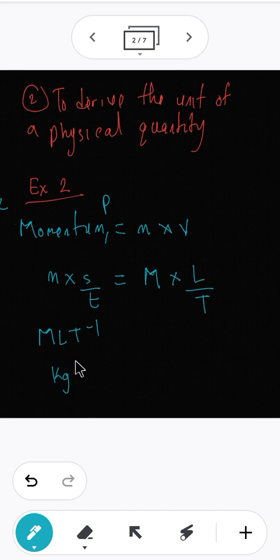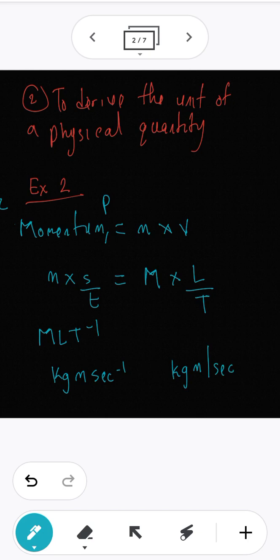L stands for length, the unit of length is meter. T stands for time, the unit of time is second. So you can either write it like this, second minus 1, or you can say kilogram meter per second. This per also means raised to power minus 1. So this is a use of dimensional analysis, or a use of dimension.